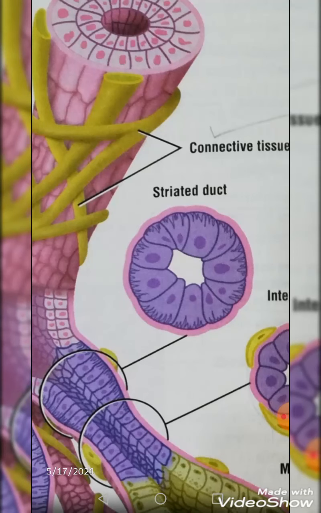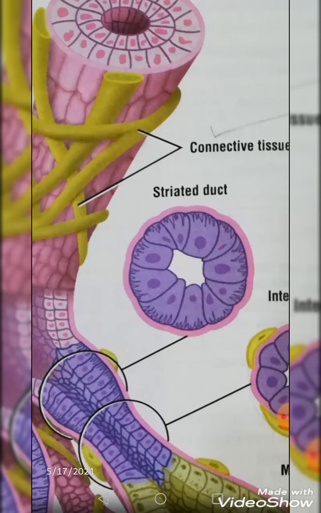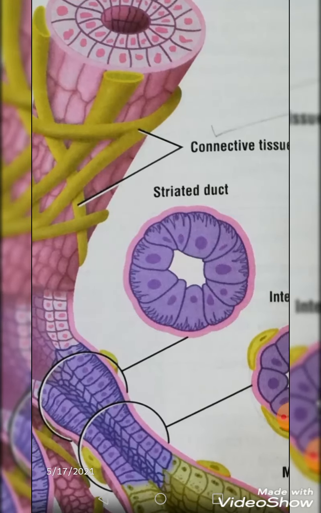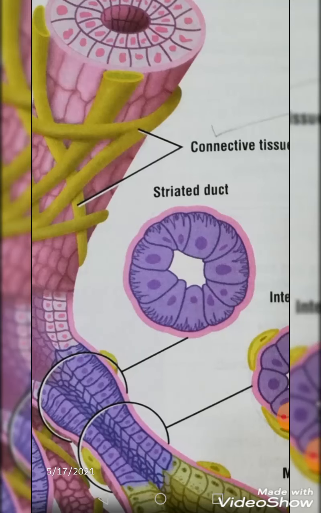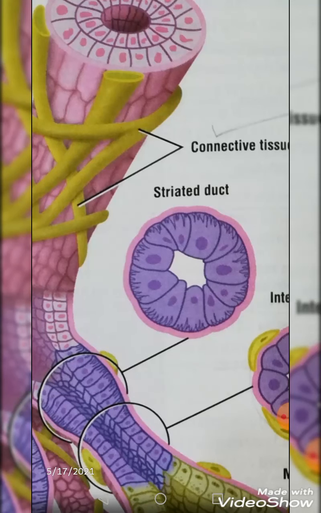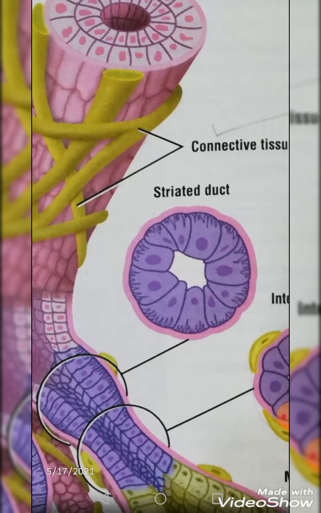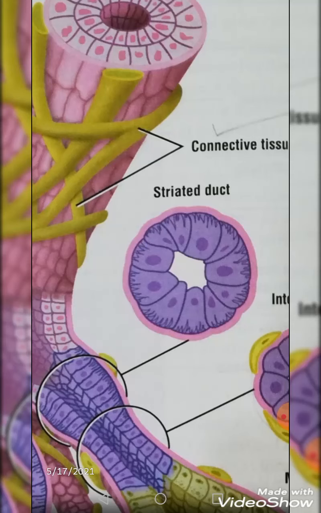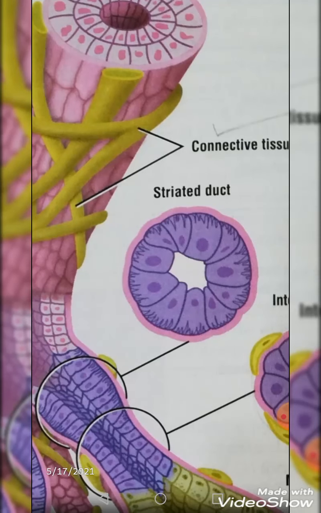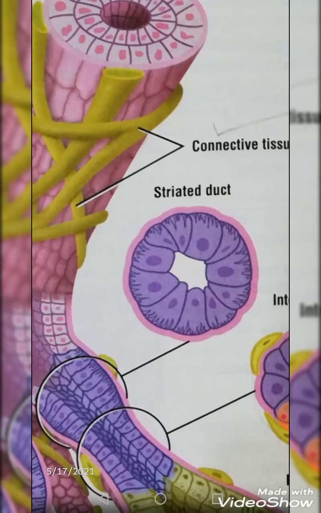Because they are supposed to modify the composition of the secretion inside. How? In two ways, right? Number one, they absorb sodium and they secrete potassium and bicarbonate. And the resorption of sodium from the acinar secretion is the reason for reducing the tonicity of your saliva, right?